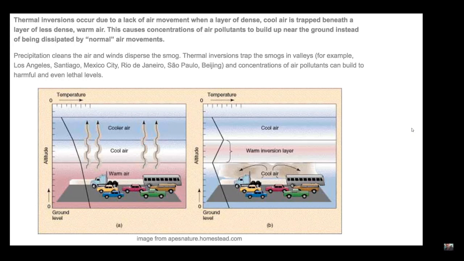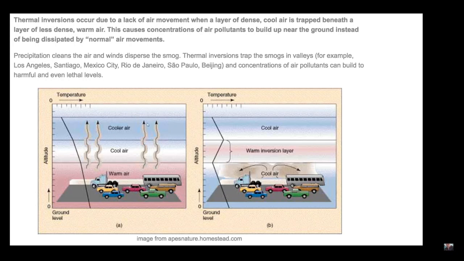Luckily, here in Thailand, once again, Bangkok, we don't have to deal with this as much, right? But in certain areas, it definitely has this problem. What we see going on from these graphs: we have warm air down here, and then we have cool air, and then cooler air. So when it slowly cools as it goes up, it allows that release of air. And that's for Bangkok most of the year.